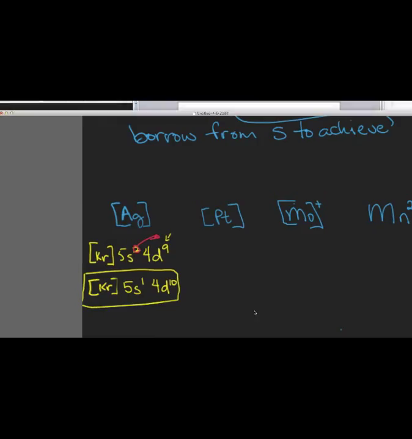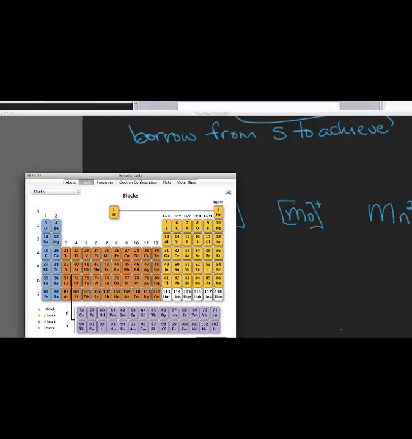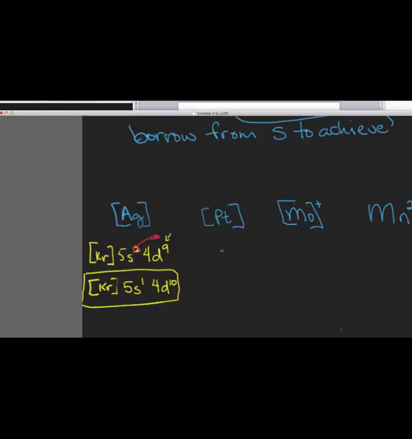If you were using the normal borrow rule, you'd first take the noble gas on the period before the 6th, which is xenon. See that right there? There's your platinum. And you would write xenon. And then we would have 6s2.